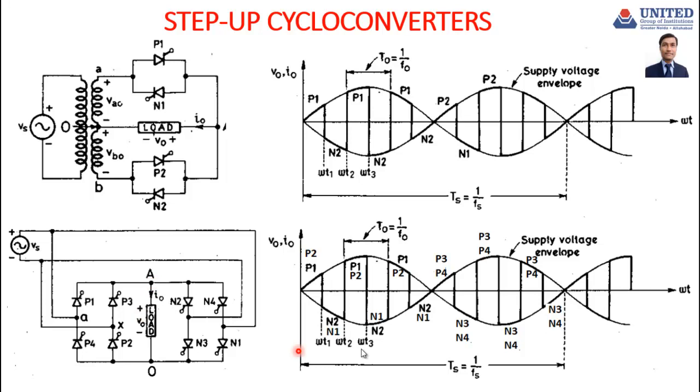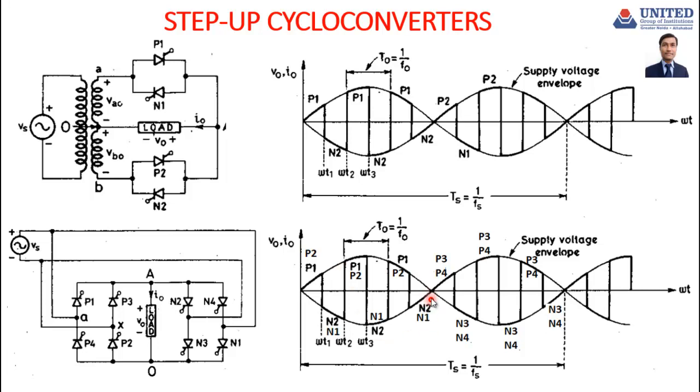Now the load voltage follows the negative envelope of the source voltage. Here at omega t is equal to omega t2, N1 and N2 are force commutated and P1 P2 are turned on. Therefore now the load voltage is positive and follows the positive envelope of the source voltage.